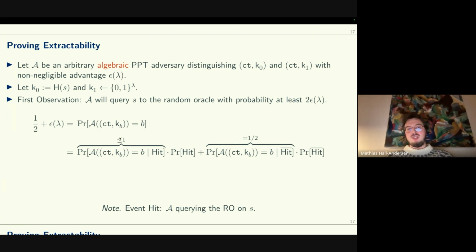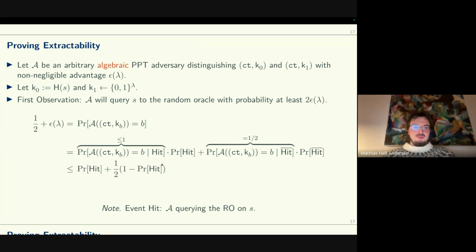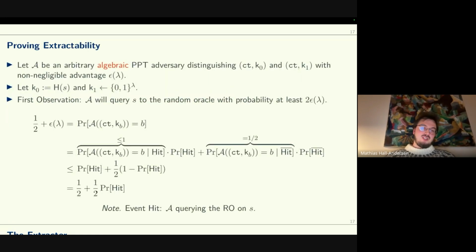It's something less than or equal to 1. So on one side I have the hit probability, the probability that he queries, and this expression. If you simplify it and move everything to the other side, bounding this by 1, then indeed you recover that he queries the random oracle with probability at least 2 epsilon.